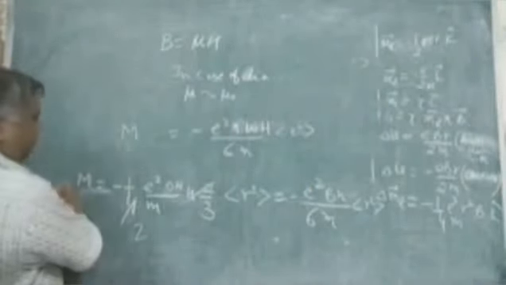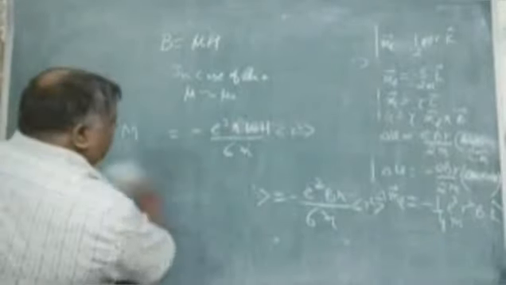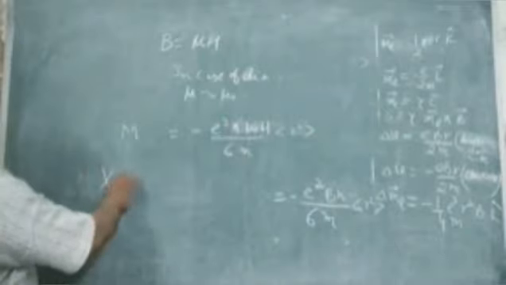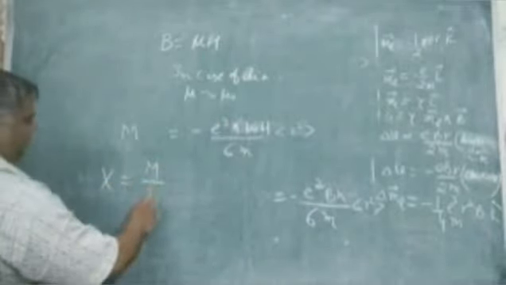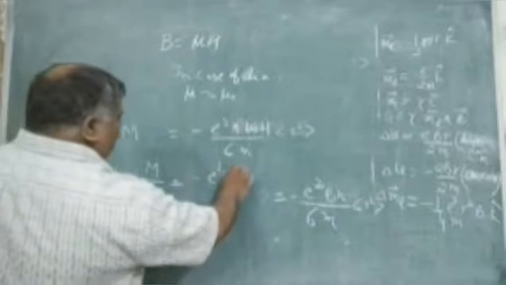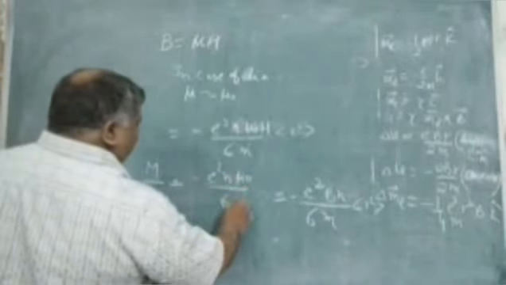The expression for magnetic susceptibility, M over H, is equal to minus e square n mu naught over 6m, times R square.